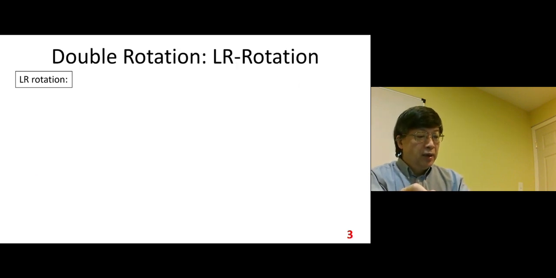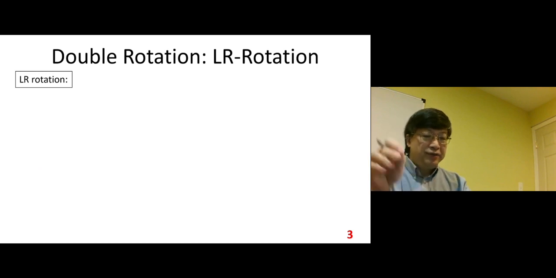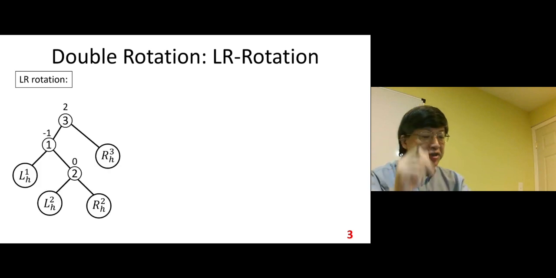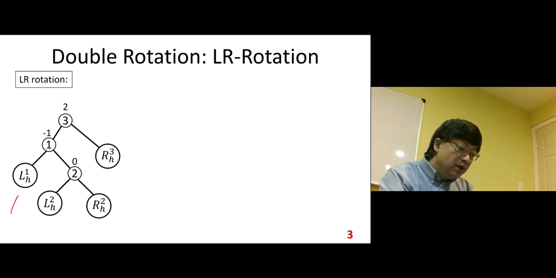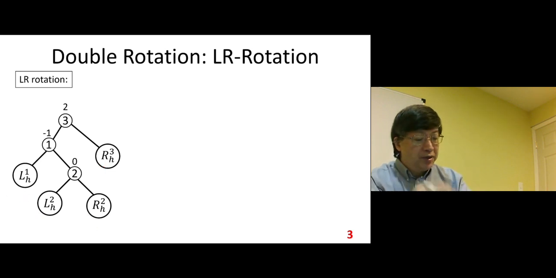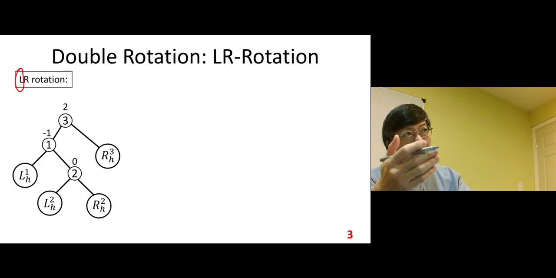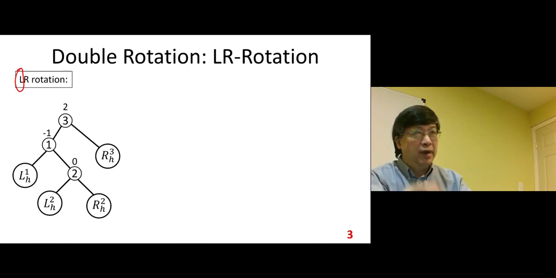LR rotation first. For this case, I want to discuss the general case, not a special case. So we put in all the possible subtrees. This is the most general case. Let's do the first step: R, then L, then R. First the L rotation.